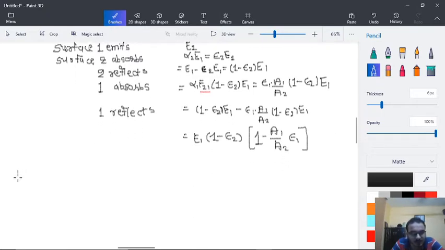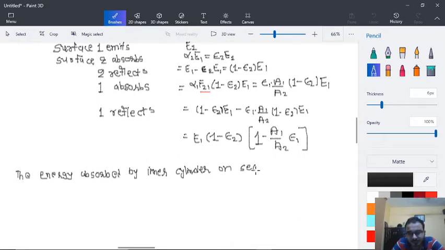Now the energy absorbed by inner cylinder on second reflection, so we will directly write down this.